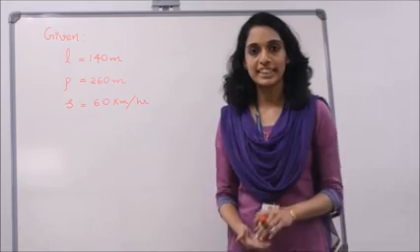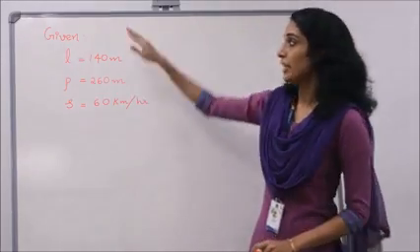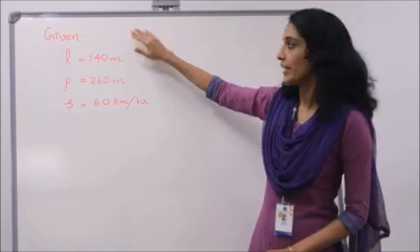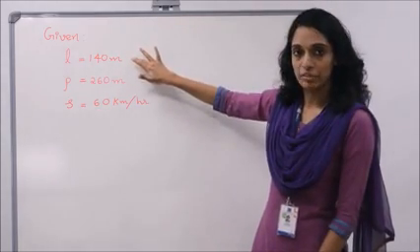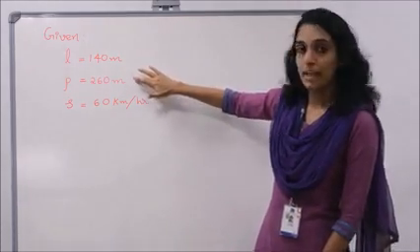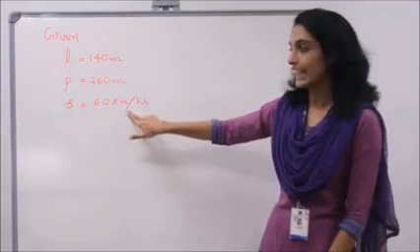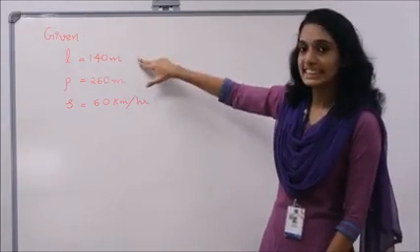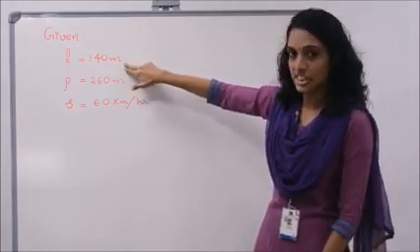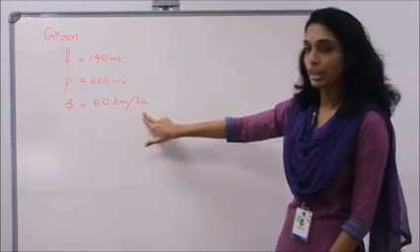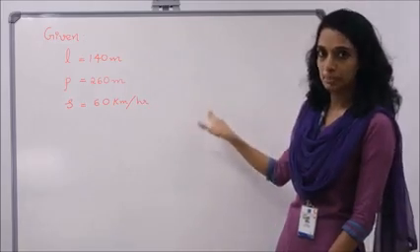So we have already seen the question. The given quantities from the question are: the length of the train is 140 meter, the length of the platform is 260 meter, and the speed of the train is 60 km per hour. Since the lengths are given in meter, we have to convert this kilometer per hour into meter per second.